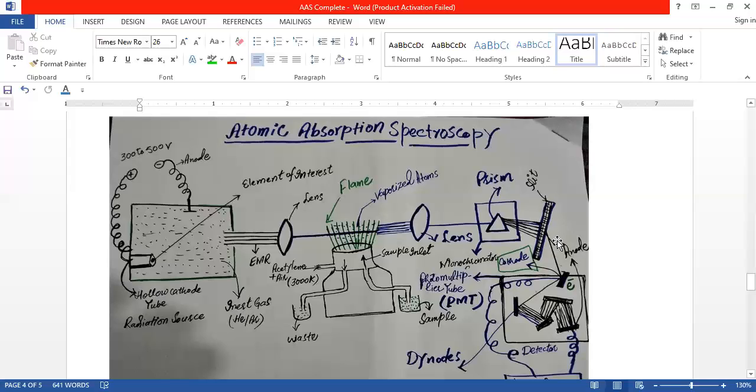You can see this is the detector. Next part, detector. In the detector, we are using a photomultiplier tube.